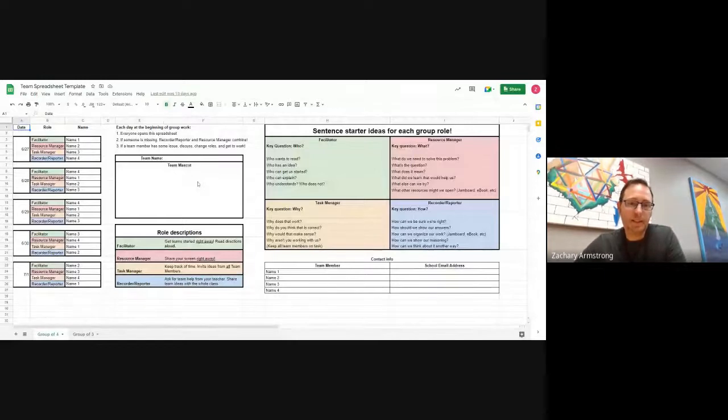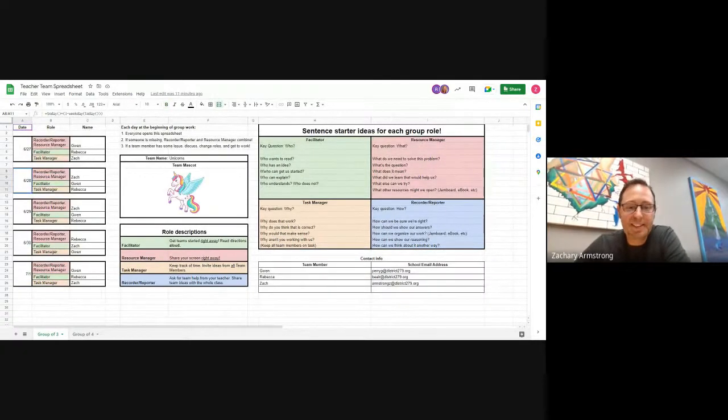So it looks like I'm the resource manager. I'm supposed to share my screen, right? Yes. Let me share the spreadsheet first. Okay, that's the wrong thing. Let me find the right one. There we go.